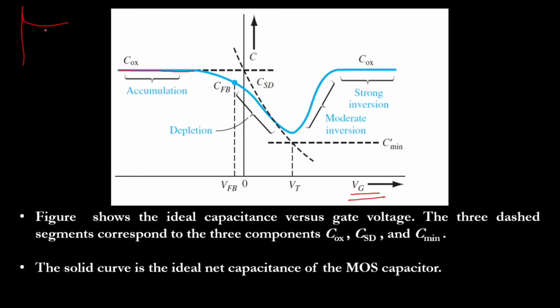This is the conduction band, and this is my intrinsic Fermi level, Fermi level Ei, and this is my Fermi level, it will not change, and the valence band something like this, semiconductor side.